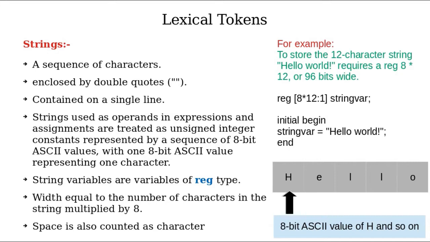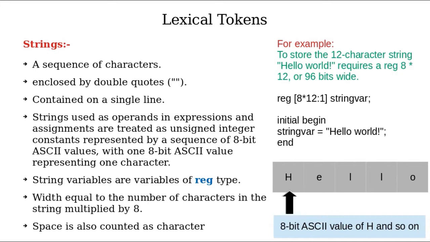In order to understand this, consider a simple example. In this string there are 12 characters, so the space we are required to declare is 12 into 8, which is equal to 96 bits.